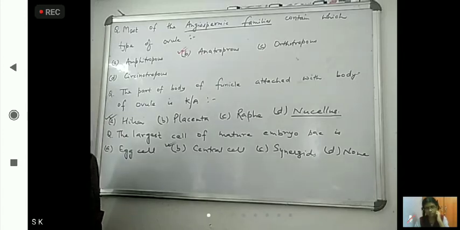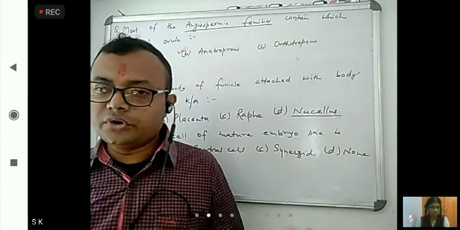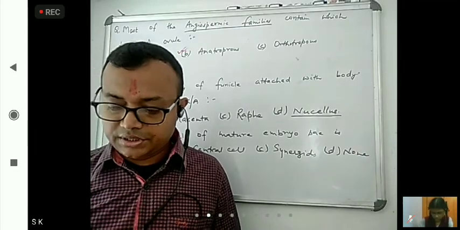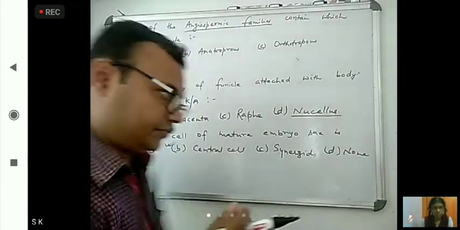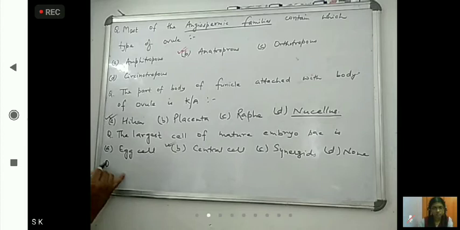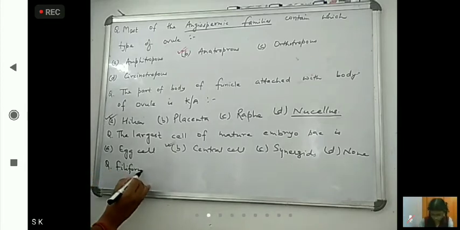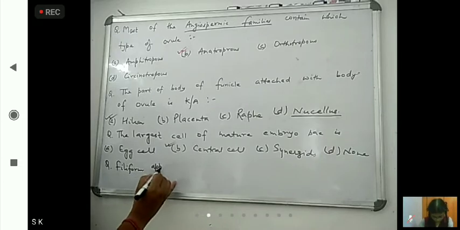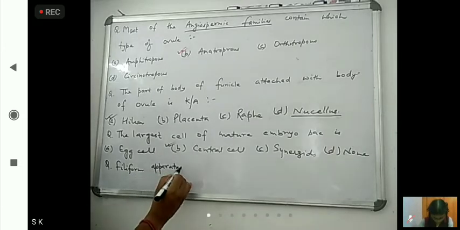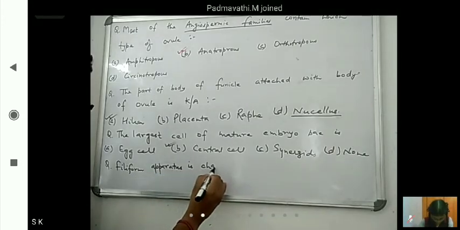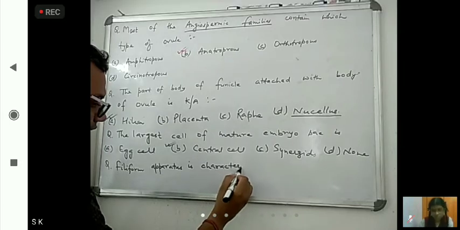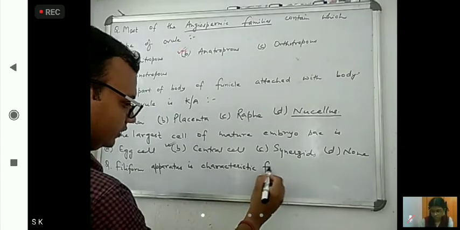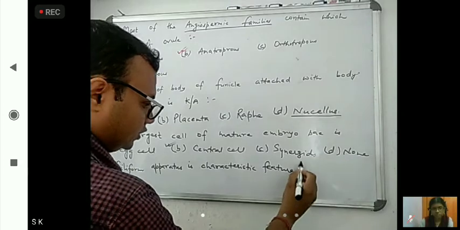Okay. Next question is there. Filiform apparatus is characteristic feature of.